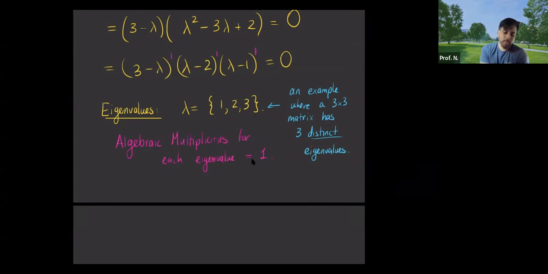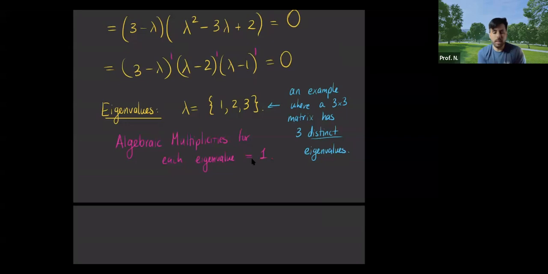Yeah, it ended up being really nice, really clean, right? 1, 2, 3. The moment you have distinct eigenvalues and you have n of them for an n by n matrix, so if you have a 10 by 10 matrix and you have 10 distinct eigenvalues, immediately you have diagonalizability.